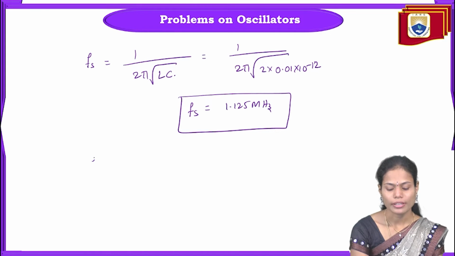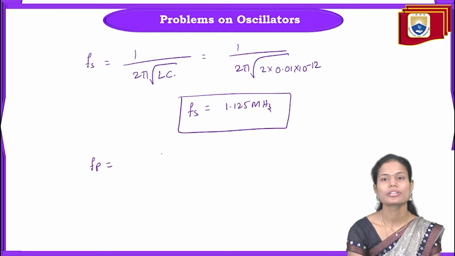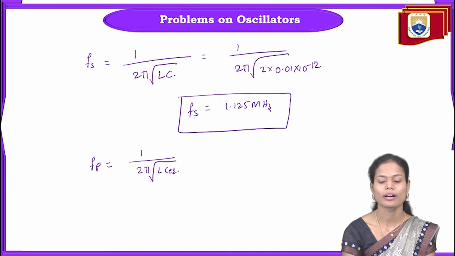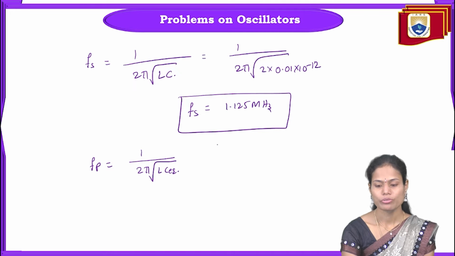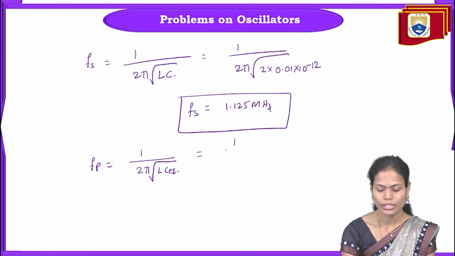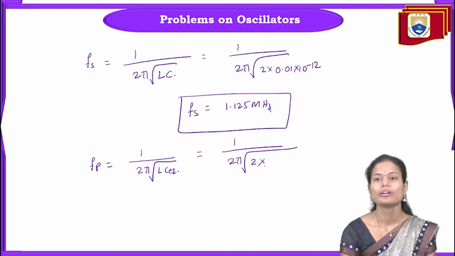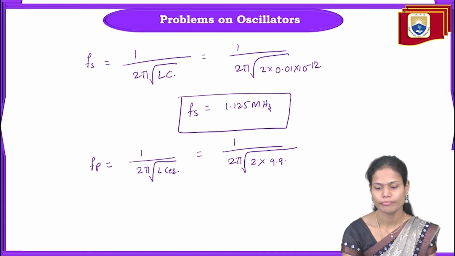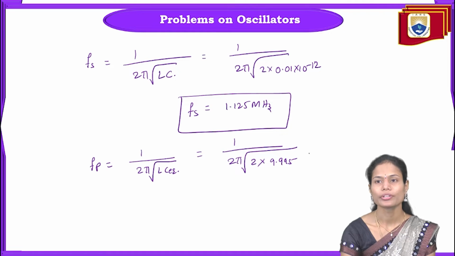Similarly, to calculate the parallel resonant frequency, we require 1 by 2 pi under root of L into C equivalent, or C total. So this value we can write as 1 by 2 pi under root of L, where L is 2 henries, and the equivalent capacitance is 9.995 into 10 power minus 15.